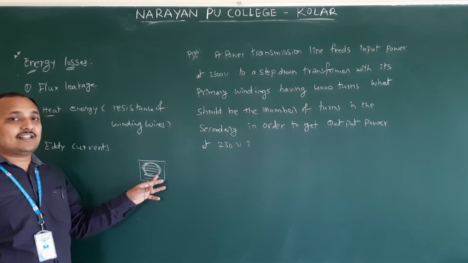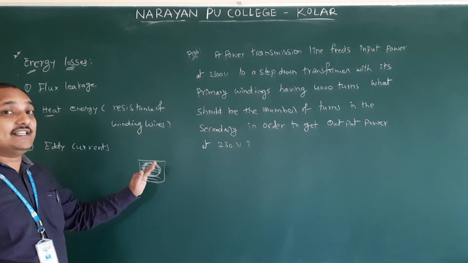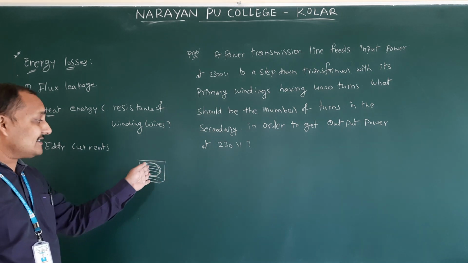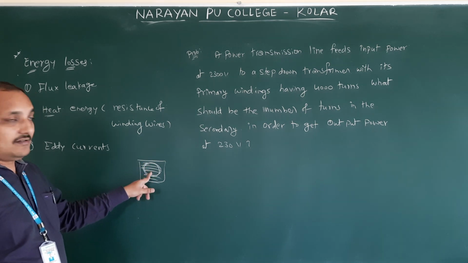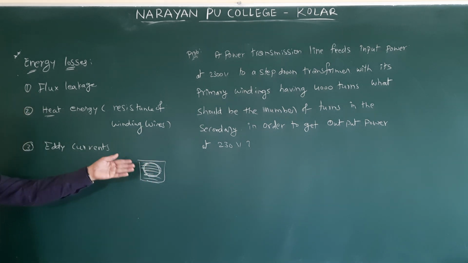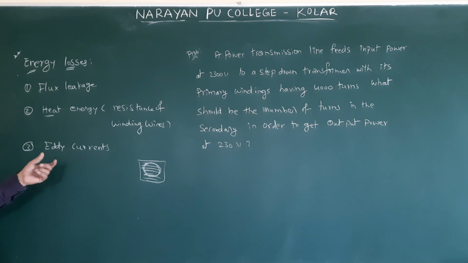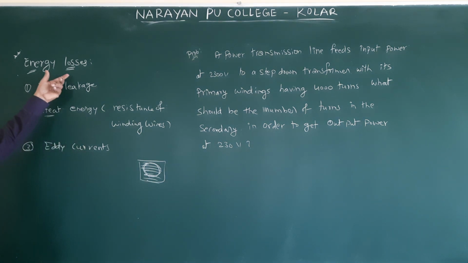These eddy currents develop because of the changing variation of magnetic flux linked with the substance, a solid or plate we will say, a metal plate. These eddy currents are developed unnecessarily. We don't want this, but they are going to be developed. Because of that, some energy is going to be lost.